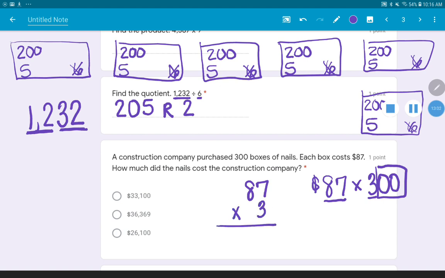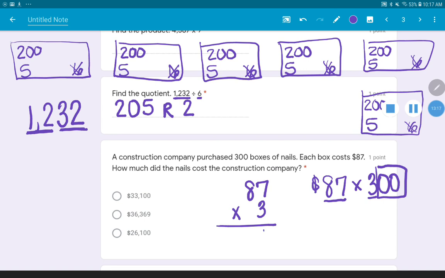So Jaden, tell us how you would do that. First, I would get my 3 and I'll do 3 times 7. 21. So what do I write down here?